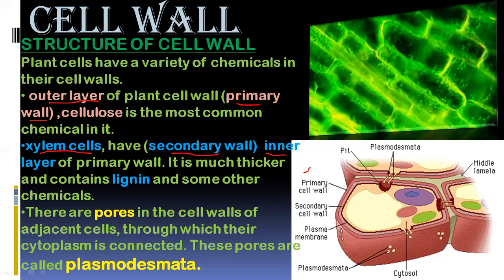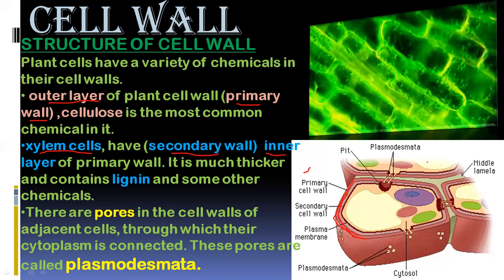Okay, so here you can see this is the primary cell wall because it originated first, so it is the outermost layer. And if it is a cell like the xylem cell, it has the secondary wall, so it is inner to the primary wall.